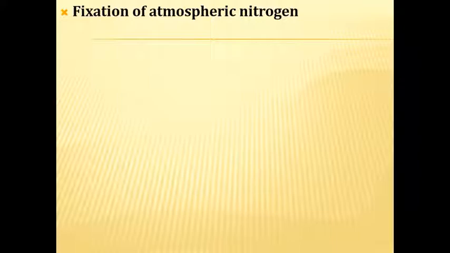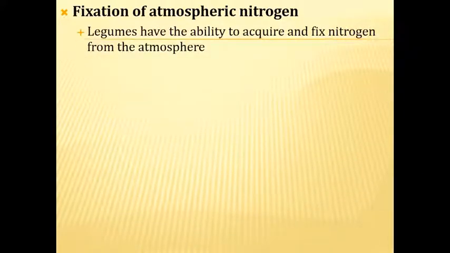Fixing of atmospheric nitrogen is one of the benefits of growing cover crops. Legumes, in association with certain bacteria, have the ability to acquire fixed nitrogen from the atmosphere.